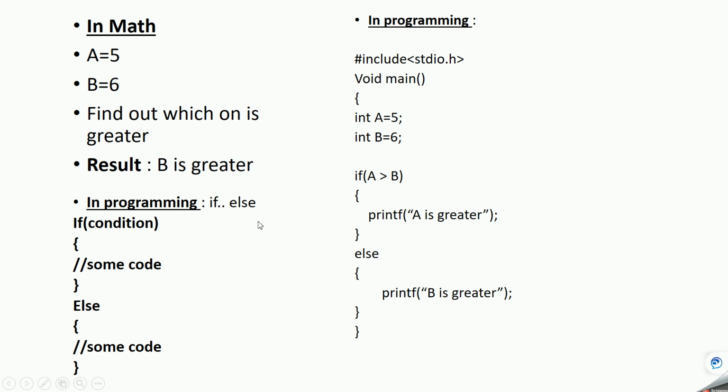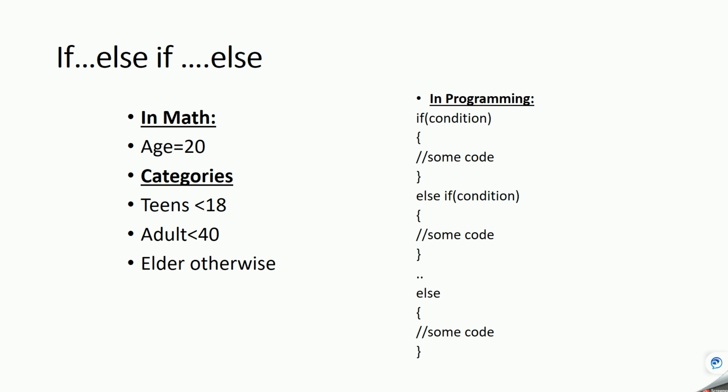Let's see another conditional statement, that is called else if. In this case, suppose you want to check multiple conditions. Here you want to categorize age. Suppose you are given the age of a person and you want to categorize it into one of three categories: whether this person is a teenager, an adult, or an elder.